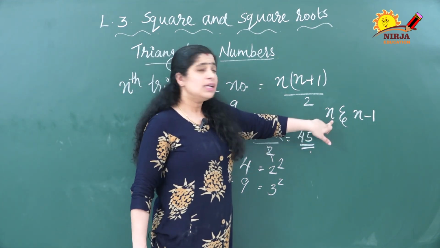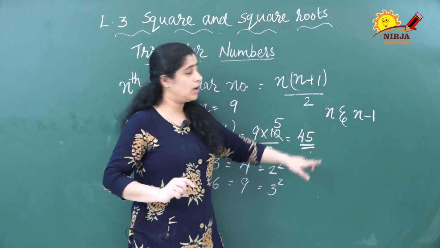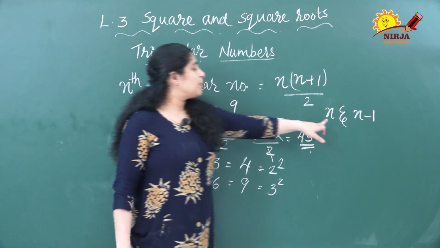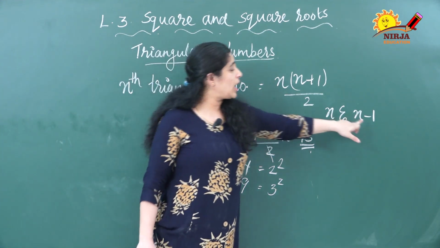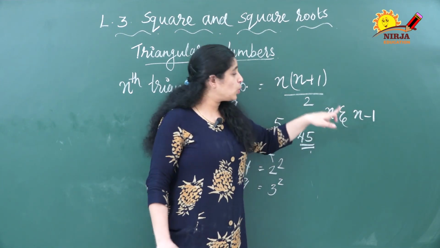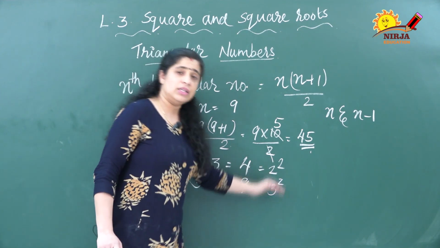If this is the second triangular number, this will be the first triangular number, 2 minus 1. Suppose this is the third, then you have to take the second triangular number, and you will get the square of the third one. Like this you will find the squares here.